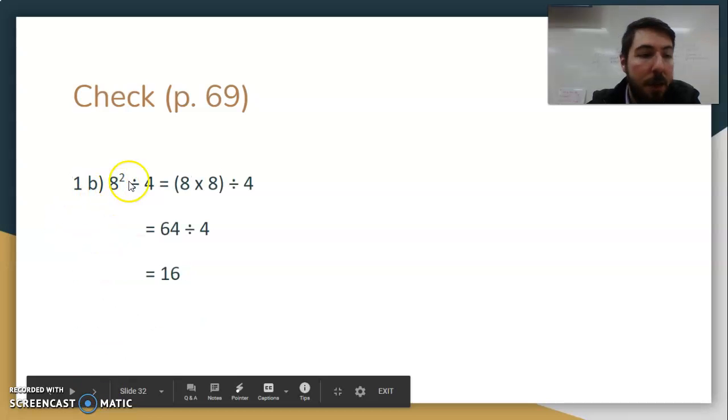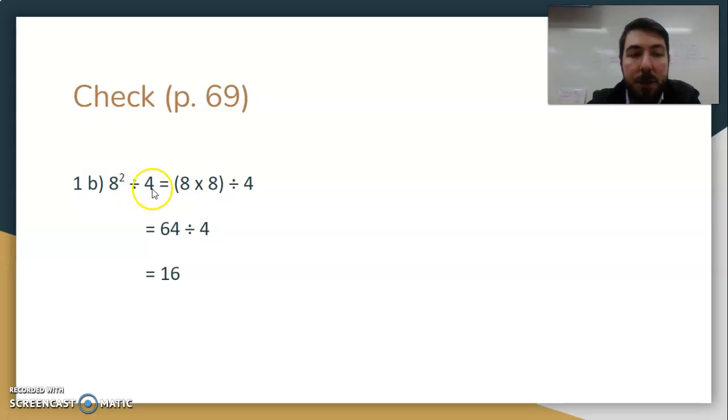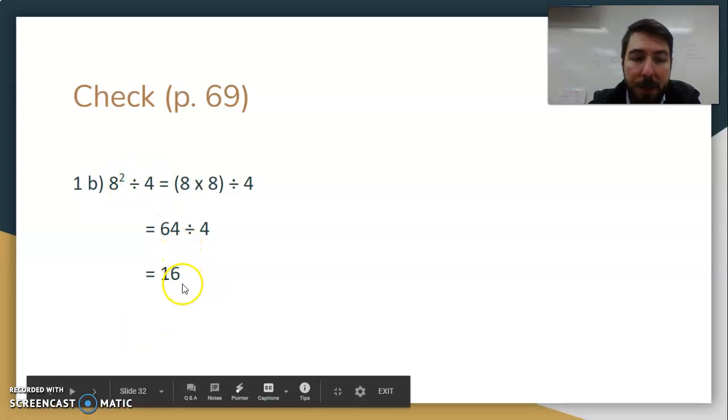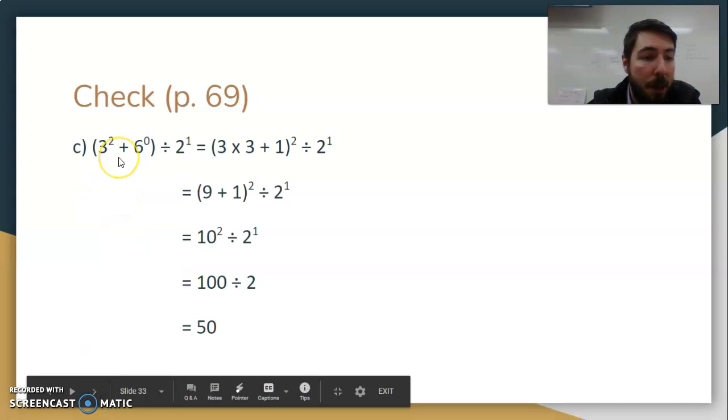Okay, so for B, we have 8 to the power of 2 divided by 4. We don't have any brackets here, so we're going to start with the exponent. 8 to the power of 2 is 8 times 8, which is 64. And then we just divide it by 4 to get our answer of 16. Now, C and D are a little bit more complicated.